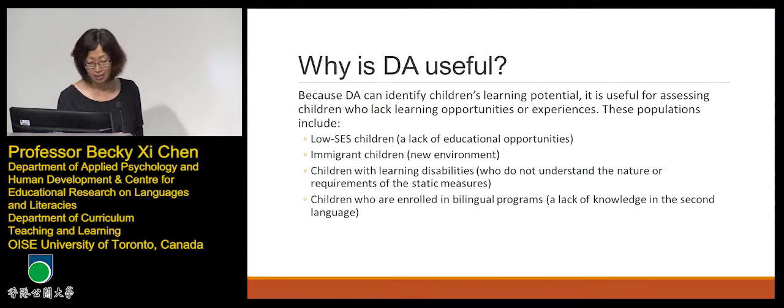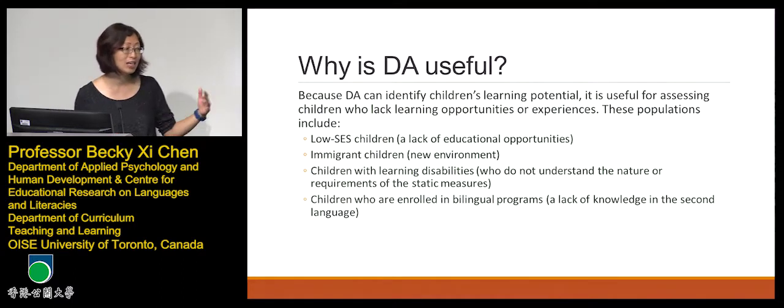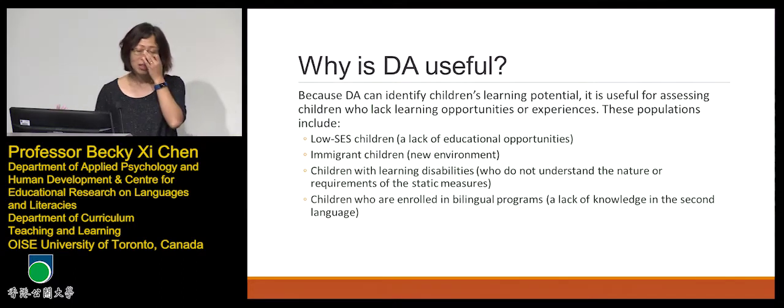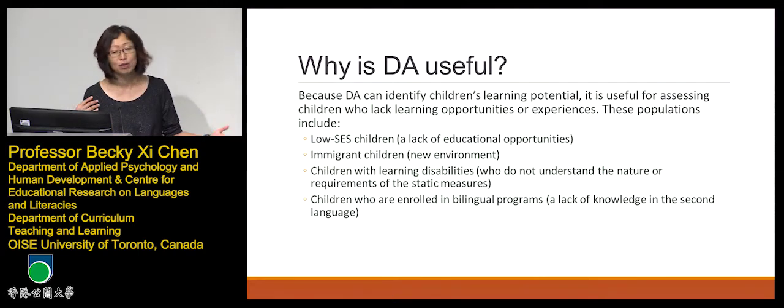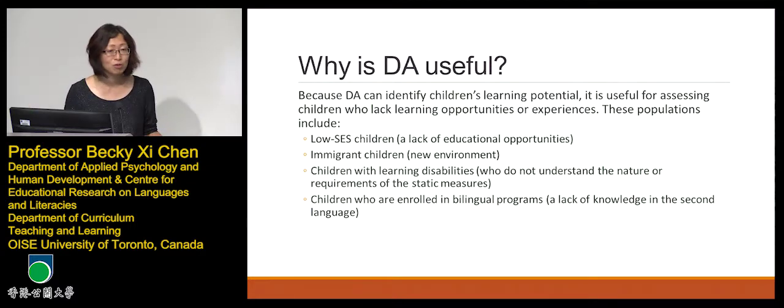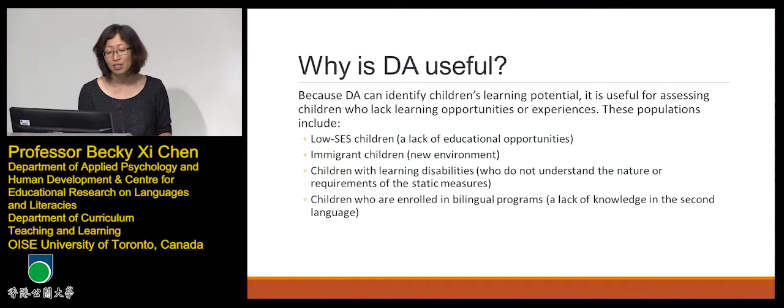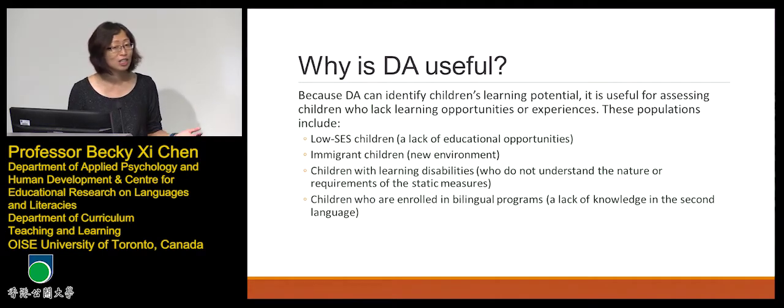For low SES children, their parents are not well educated, they don't have a lot of educational opportunities at home, their parents are busy doing multiple jobs, or do not have resources to hire tutors, so they may perform poorly on standardized measures. But if you use dynamic measures, you see that, in fact, they may be very good learners, they just haven't had the opportunities to learn.